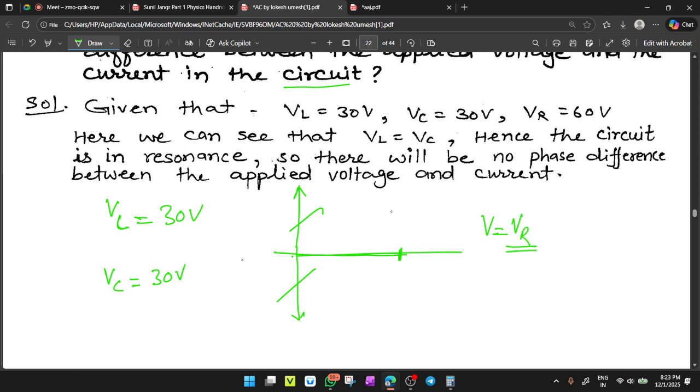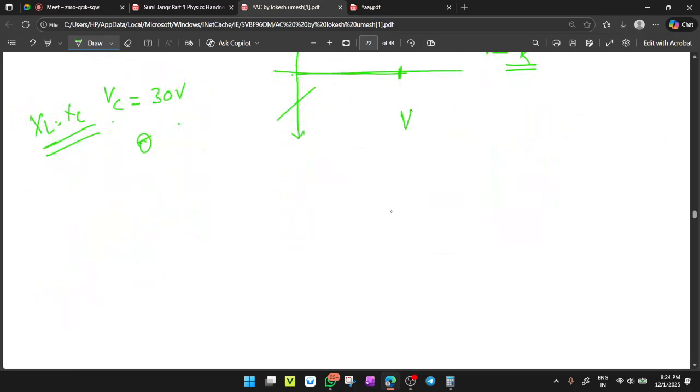Clear? This is a series circuit. As VL equals VC, it means XL equals XC, because VL equals I into XL and VC equals I into XC. So I XL becomes I into XC, XL equals XC.